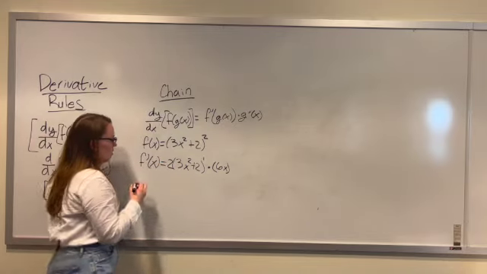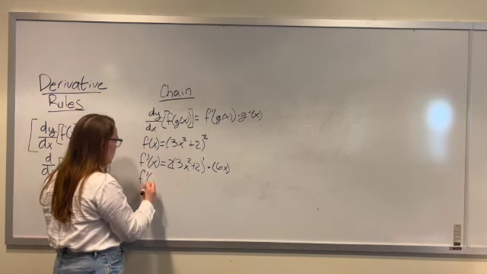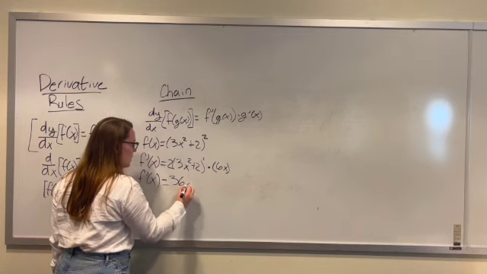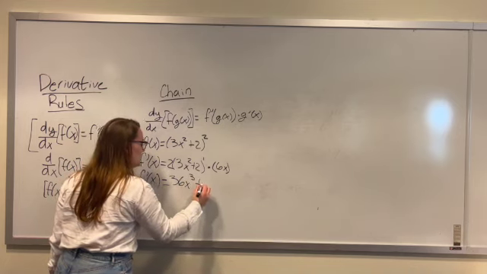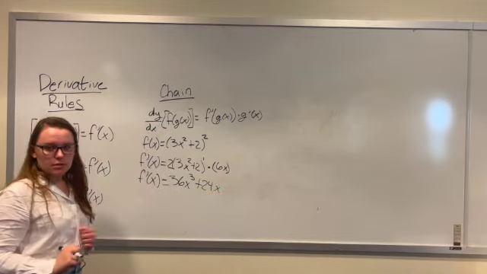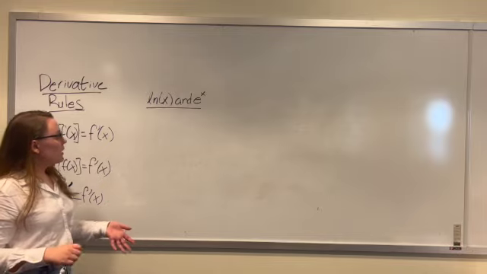And then this is pretty much the example, but we can simplify it a little bit more to get 36x cubed plus 24x. That's our solution.